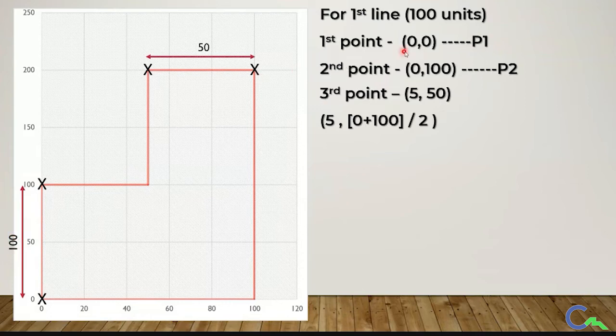So the first point, you know, is 0 comma 0. The second point you got, and the third point we said, let it be half of this and 5 units apart from this, right? Half of this I can write as 0 plus 100 by 2, and 0 and 100 can also be written as y1 and y2, because these are the values of these things.